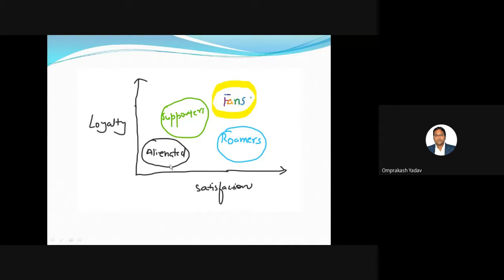Okay, now what can we do? Now the data is clearer. We have these three groups where we can focus. We don't have to worry about the fans. But if, by applying certain strategies in certain ways, we try to convert the supporters to fans, and even some of the roamers to fans, they will definitely buy our product, and if they buy the product, they will increase our sales, which in turn will increase our profitability.